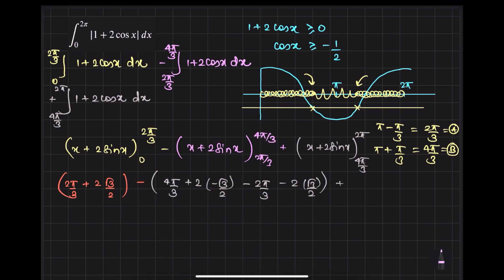Now again this thing, so it is 2 pi. If you substitute 2 pi, sine 2 pi is 0. So done. Now 4 pi by 3, so minus the lower limit. It is 4 pi by 3, and again you will be subtracting its lower limit. So minus, and 4 pi by 3 is pi plus pi by 3, which means third quadrant.